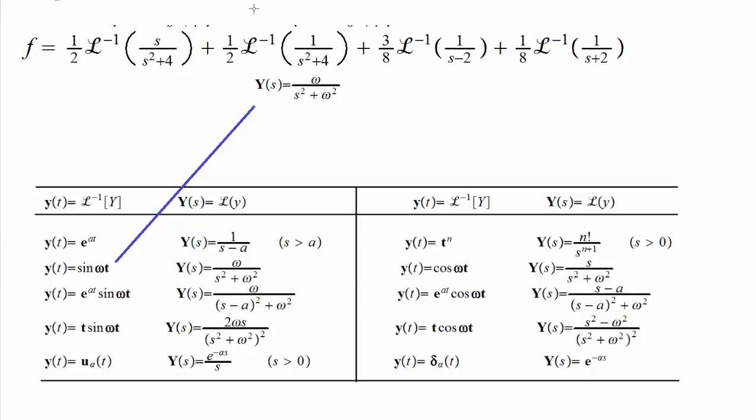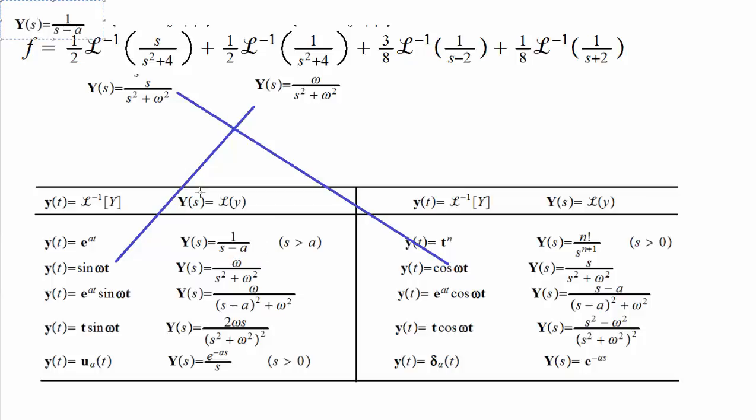And then this here will correspond to just cosine, and this and this are both corresponding with what?